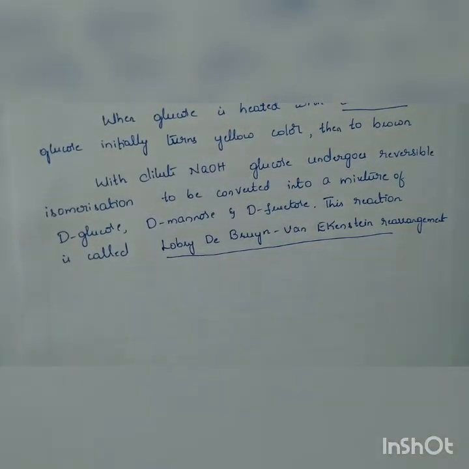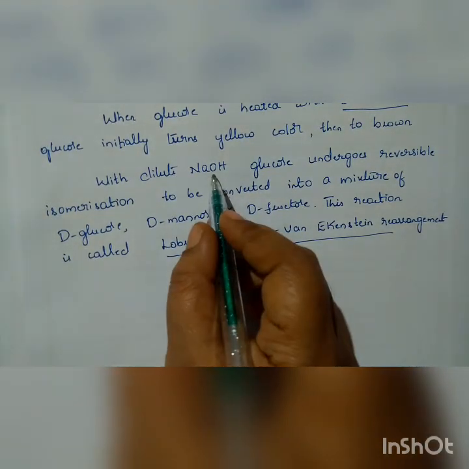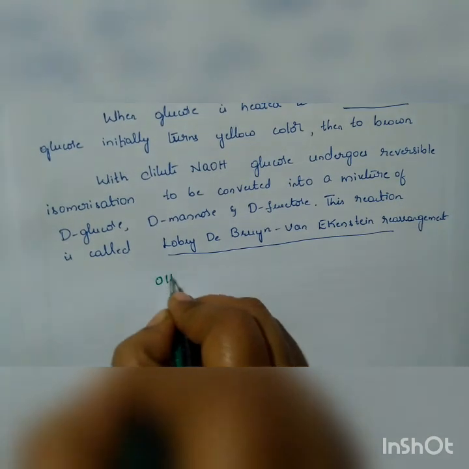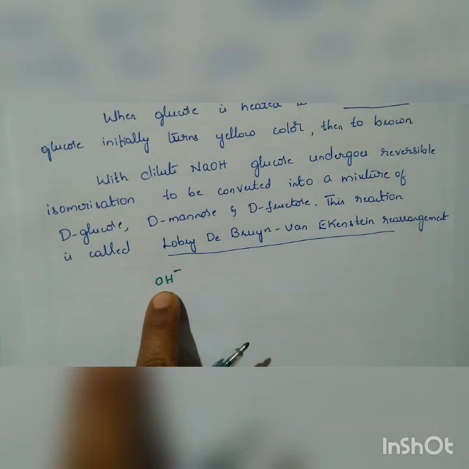How does it undergo the interconversion? It is in dilute NaOH, a basic medium. We have OH minus here. In a basic medium, the interconversion or isomerization takes place in the presence of OH minus.